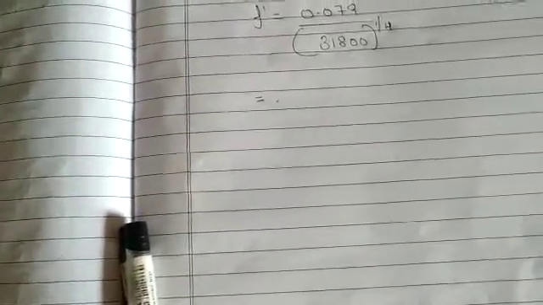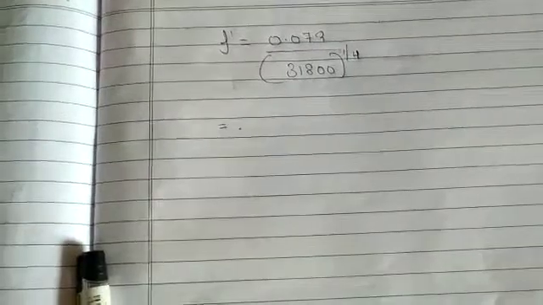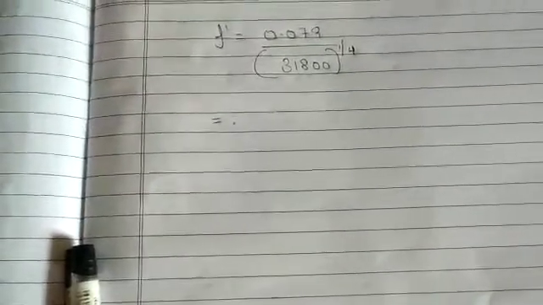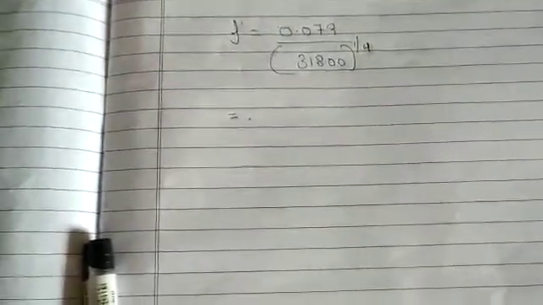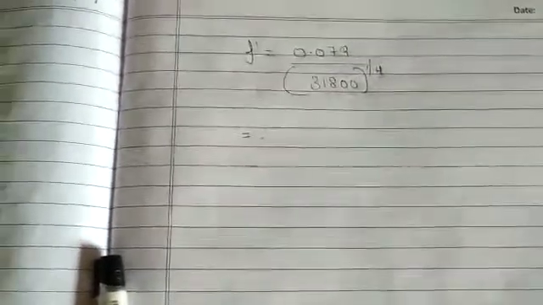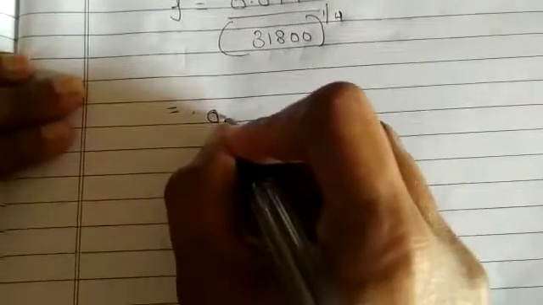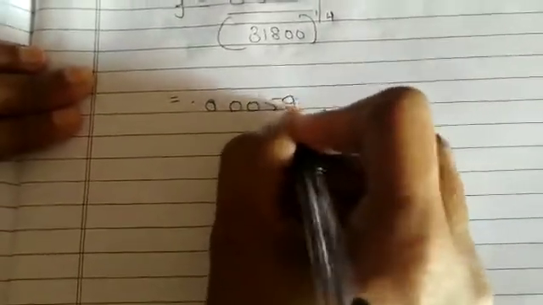I got 31800 to the power 0.25, inverse, multiplied by 0.079. So I got F dash as 0.0059.